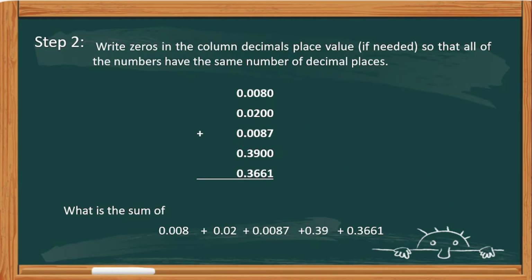So what is the sum of 0.0080, 0.0200, 0.0087, 0.3900, and 0.3661? And the answer is 0.7928.